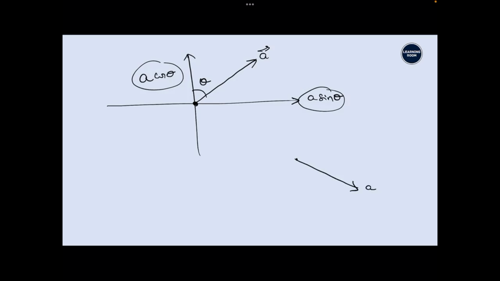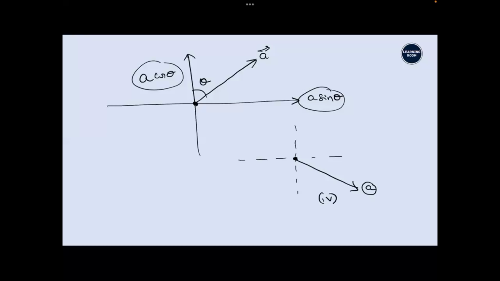If you observe the direction in which it is there, you take the initial point as the origin and draw a reference coordinate system like this. When you draw it in this way, this A vector is going into which quadrant? It is going into the fourth quadrant.